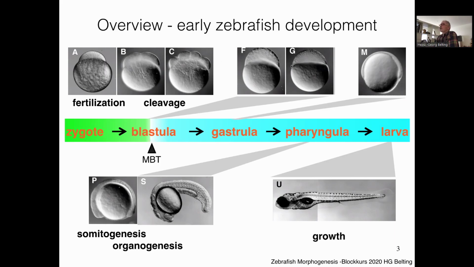And then later on, you have the blastula. So you have a mass of cells, and at about 2.5 hours, you have these 1,000 cells. Or was it 3 hours? I don't know anymore. So that means you have 10 cell divisions generating 1,000 cells within 20 to 30 minutes between each cell division.